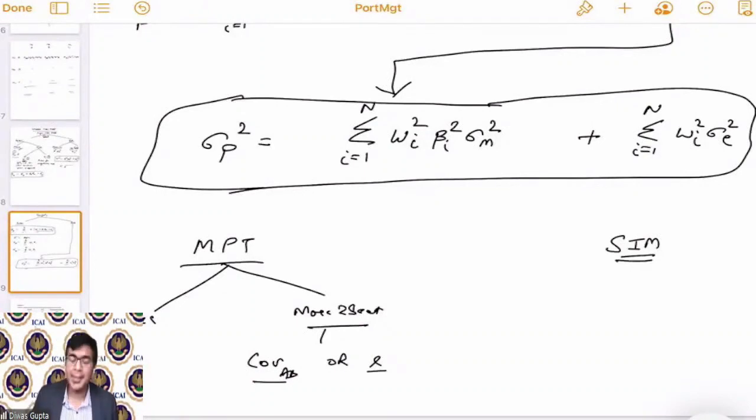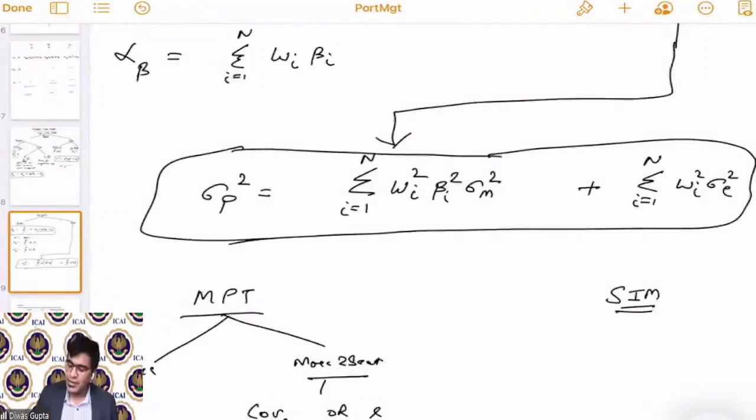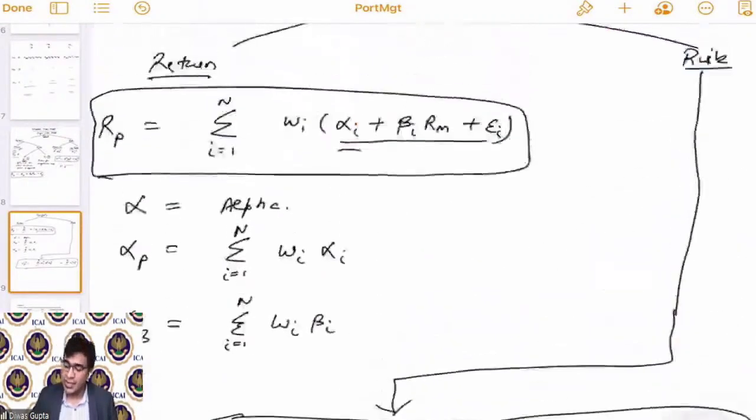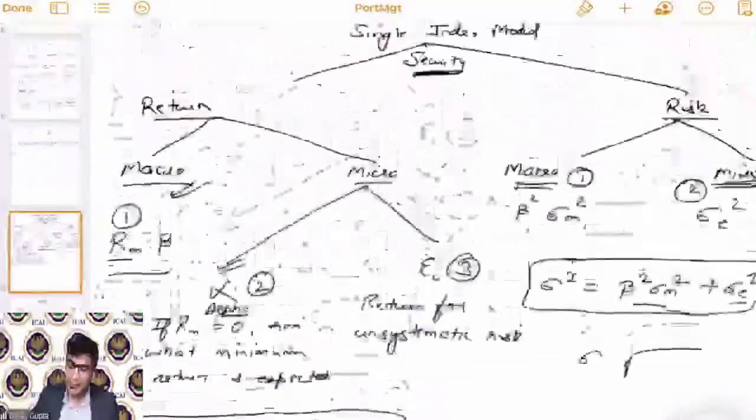But in the Sharpe's index model, if you see, we just need the respective betas, the respective weights, and the respective unsystematic risk. That's all. We don't need any operation on joint variability, any operation on correlation coefficient, any other thing is not required at all in the Sharpe's index model. So hence it is also called single index model.